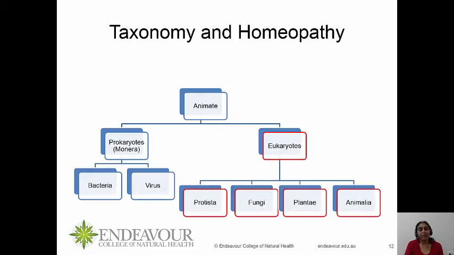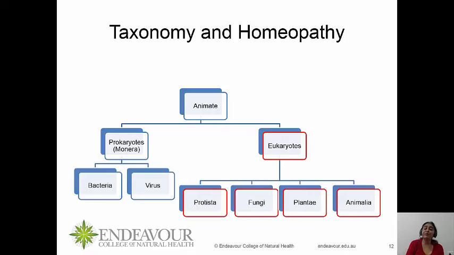Now, what about the animate kingdom? The animates would be divided into prokaryotes and the eukaryotes. Karyon means nucleus. So prokaryotes means before the nucleus, before the formation of a nucleus enclosed with a nuclear membrane. So those are the prokaryotes.